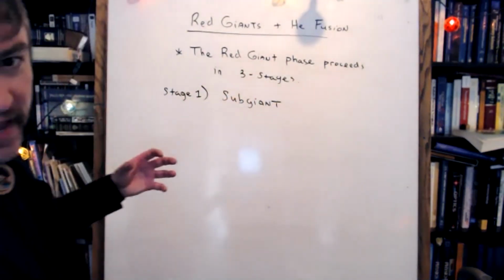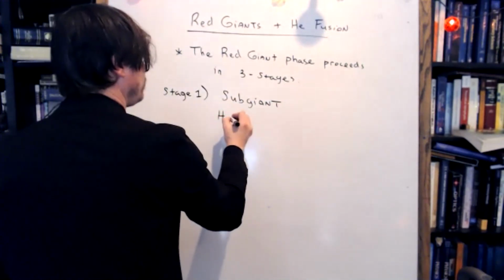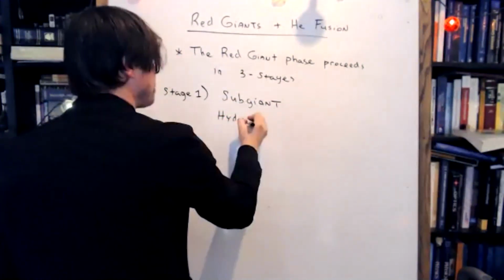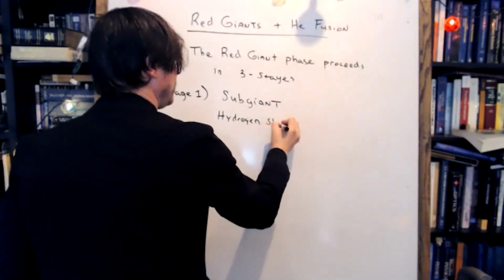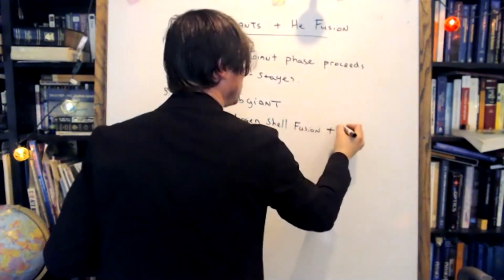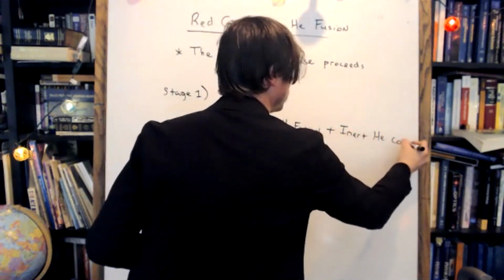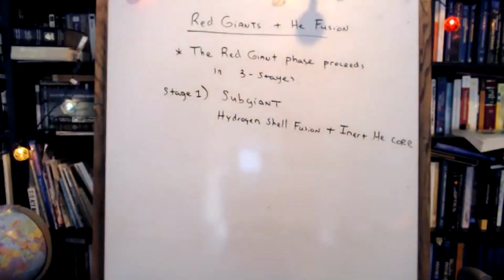Stage 1 is sometimes called a subgiant. The subgiant phase is where you have hydrogen shell fusion plus an inert helium core. So far, we've already talked about this.